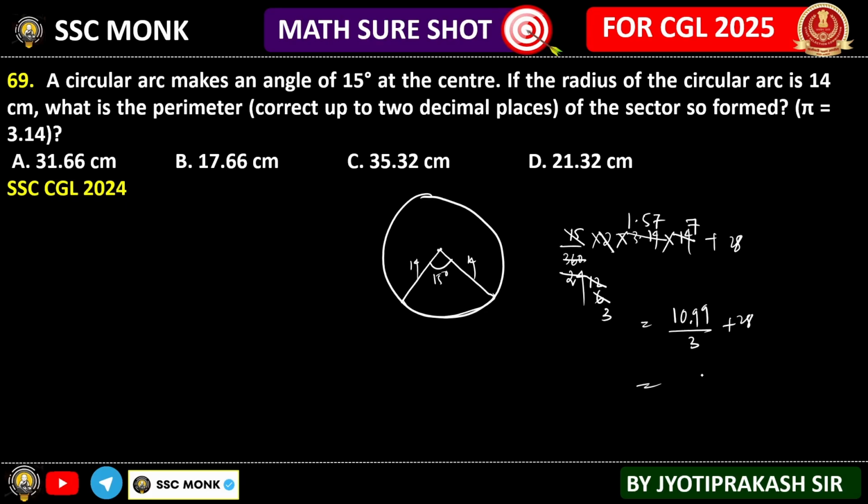That can be written as 84 plus 10, that is 94.99 by 3. 3 3s are 9, 3 1s are 3, 3 3s are 9. So this is 31.66 centimeter.